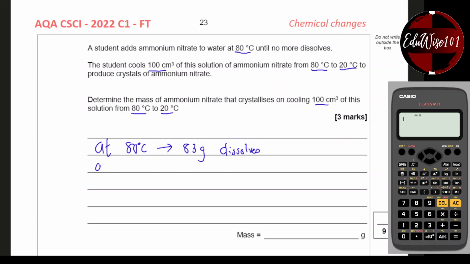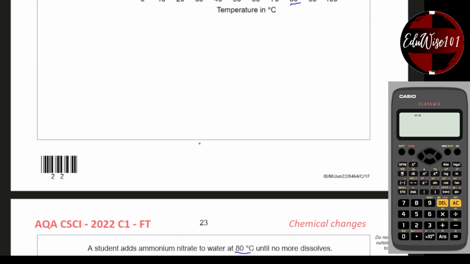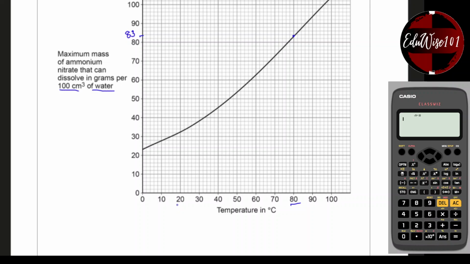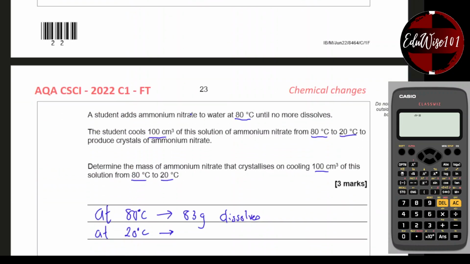So what about at 20 degrees? You would use the graph again. So if you go back to the graph, you have 20 degrees there, and that's roughly about just one box. So that will be about 32 grams. Let's say 32 grams dissolves here.